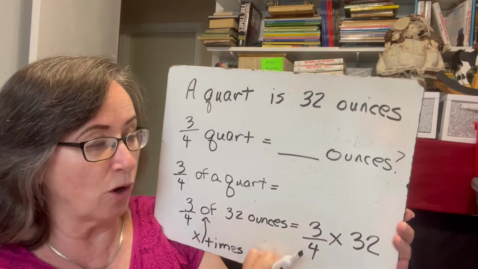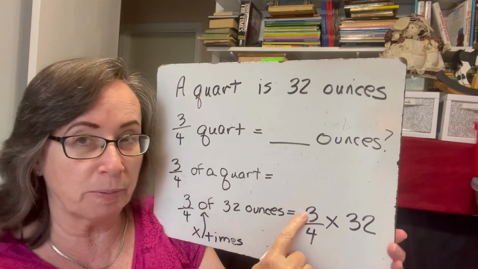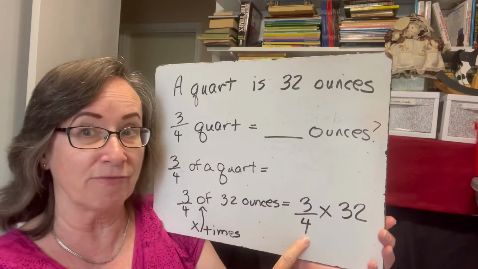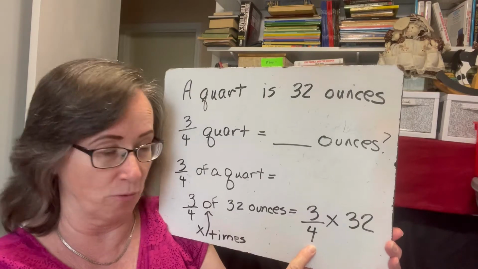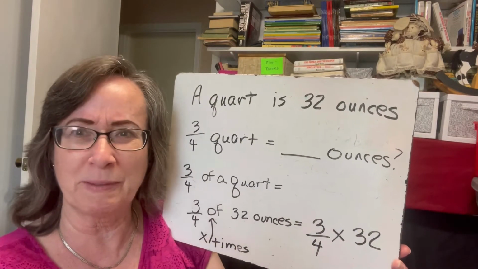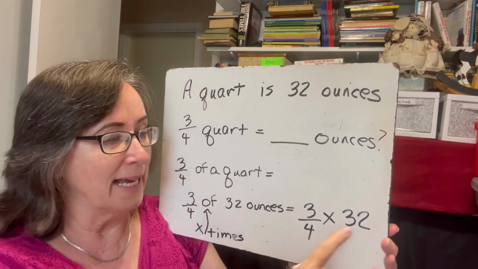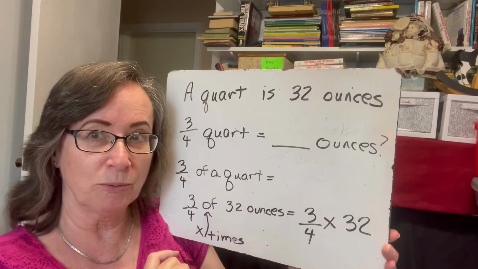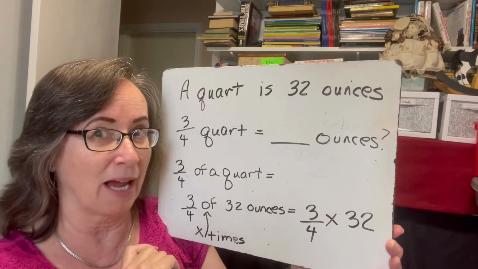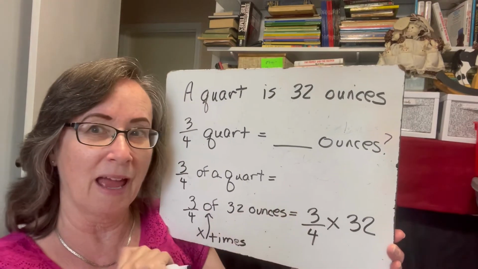So I can choose to multiply 3 times 32 and then divide the result by 4. Then I got to multiply 3 by 32, which is going to give me a bigger number. Or I could take 32 and divide it by 4, which I already know what that is in my head. And then I take that number and multiply by 3.